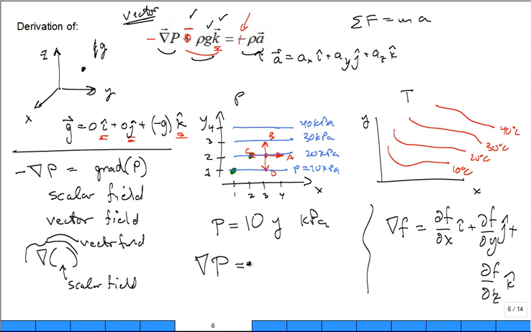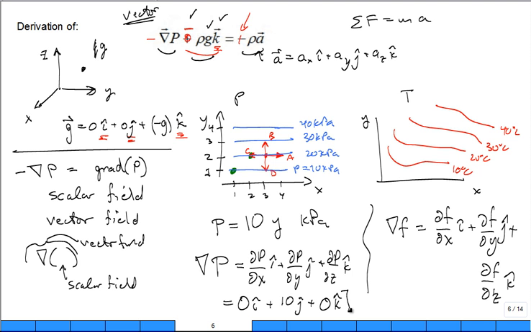So we apply that to this function: the partial of P with respect to x i plus the partial of P with respect to y j plus the partial of P with respect to z k. What do we get? 0i plus 10j plus 0k.